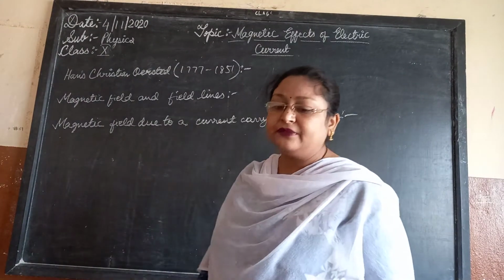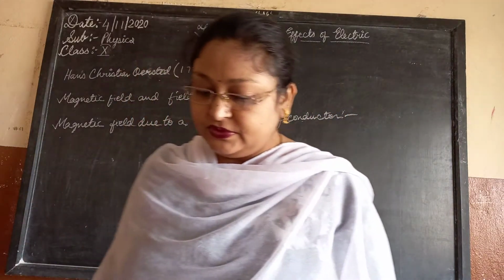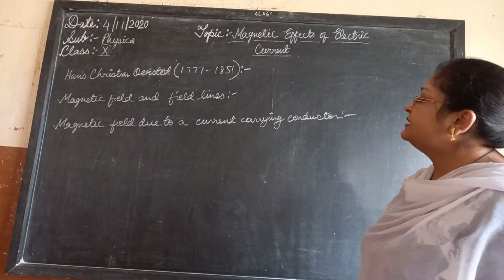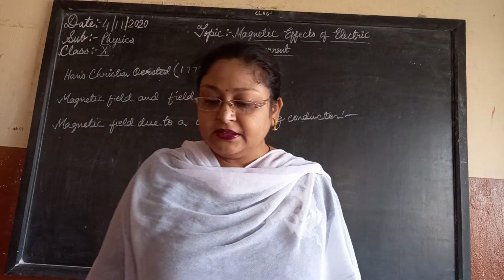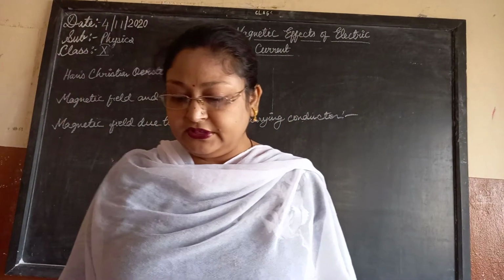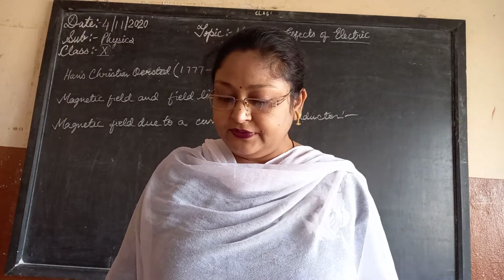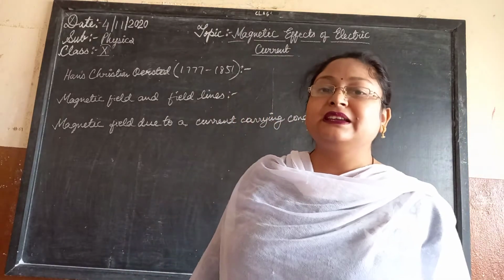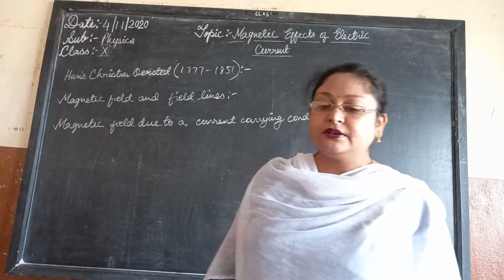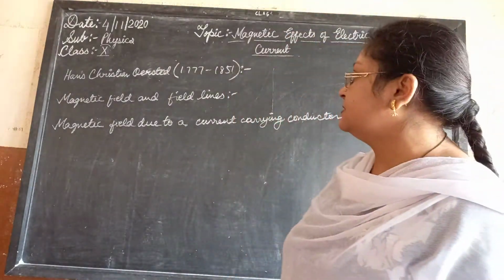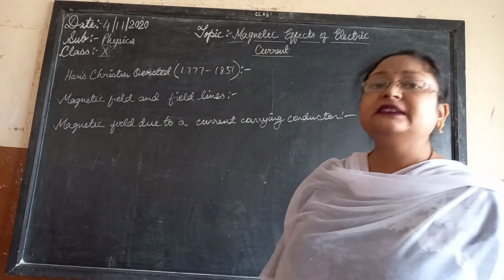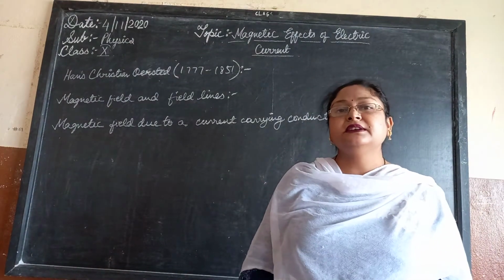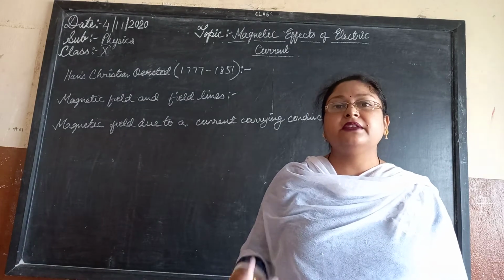Here we have a scientist named Hans Christian Ørsted, 1777 to 1851. He gave the relation between the magnetic field and the current carrying conductor. According to this relation, whenever there is an electric current running, there is a magnetic field near that area.